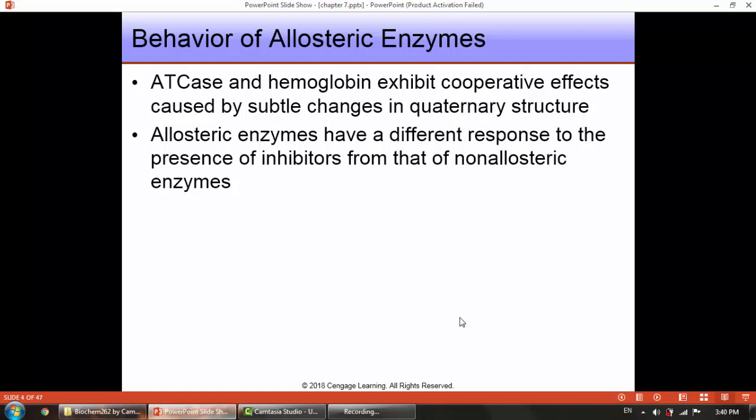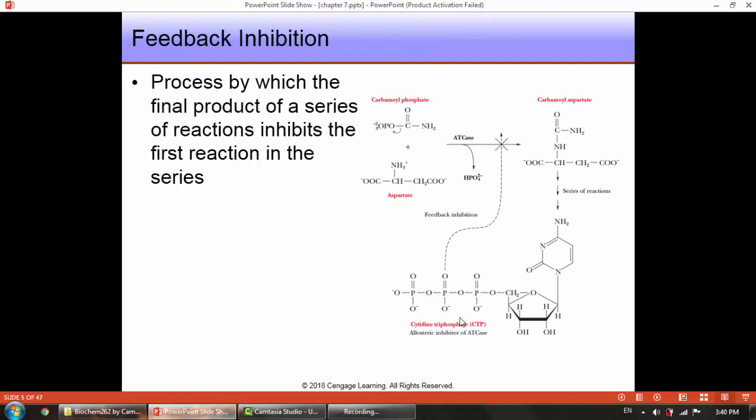And to talk about the enzyme called ATCase, this enzyme catalyzes the condensation between carbamyl phosphate and aspartate to give us carbamyl aspartate, and then there are a series of steps to give us the final product called CTP.